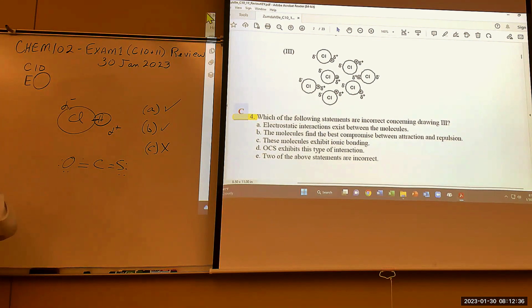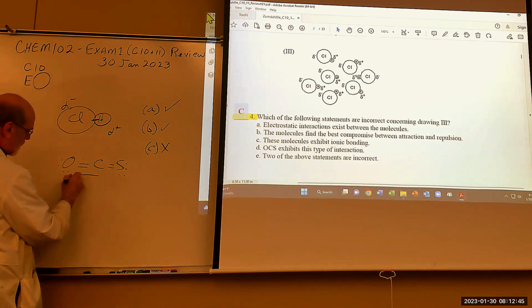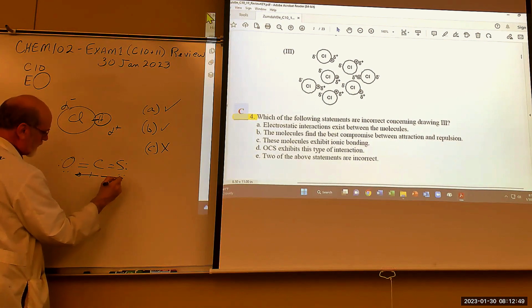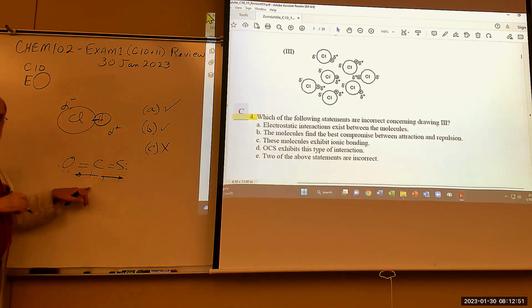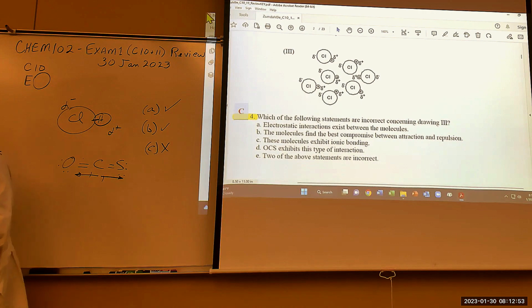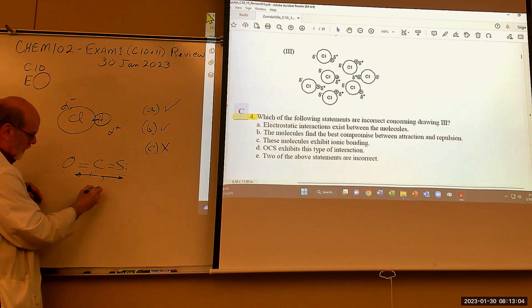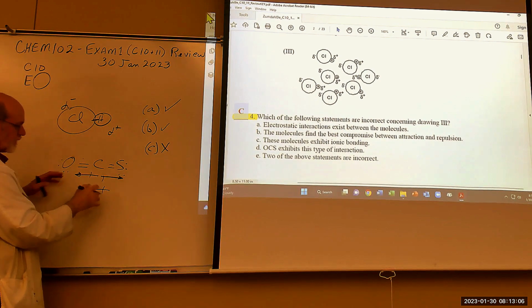Well, oxygen against carbon is this way, and sulfur against carbon is this way, but they're not equal, right? Because oxygen is up and to the right of carbon, and sulfur is just to the right. It's lower than. So the overall dipole should be roughly that way.